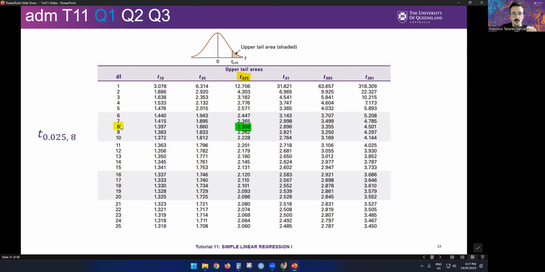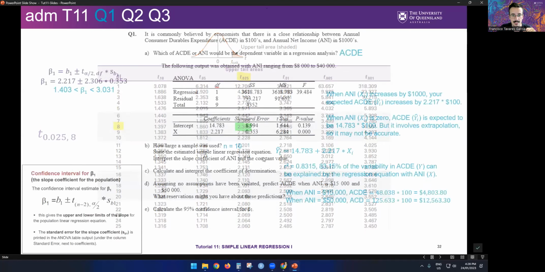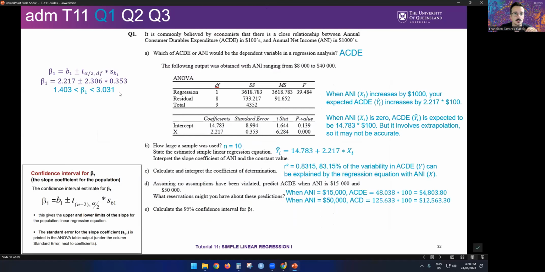Exactly. So 8 degrees of freedom and t 0.25, we land in 2.306. Let's continue. So we have 2.306 here. And our S of B1 is given here.